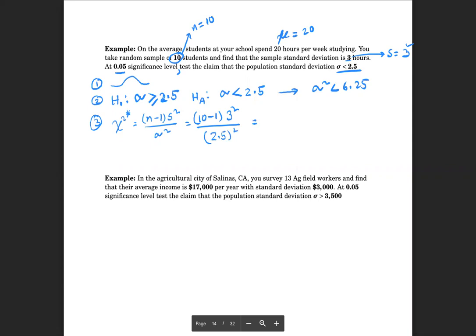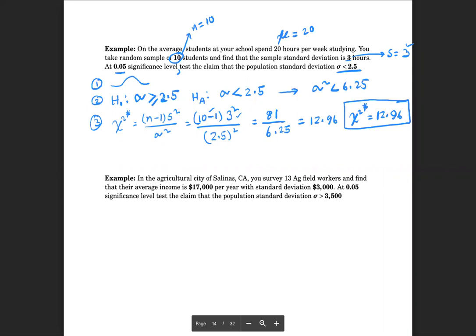If you simplify it, 10 minus 1 is 9 and 3 square is 9. 9 times 9 is 81, divided by 2.5 square, which is 6.25. 81 divided by 6.25 is 12.96. So your chi-square star is 12.96. Please keep that number in mind.